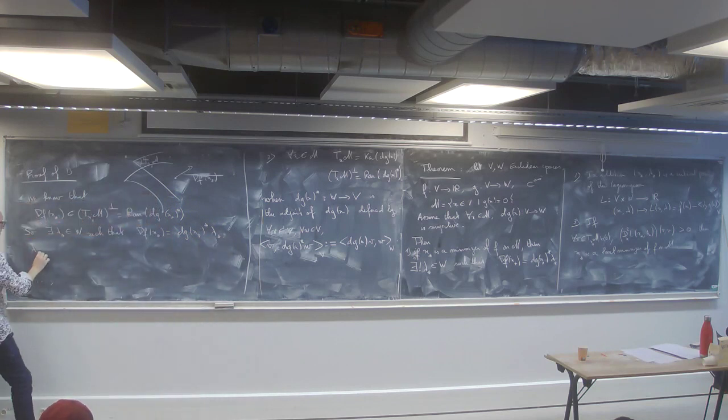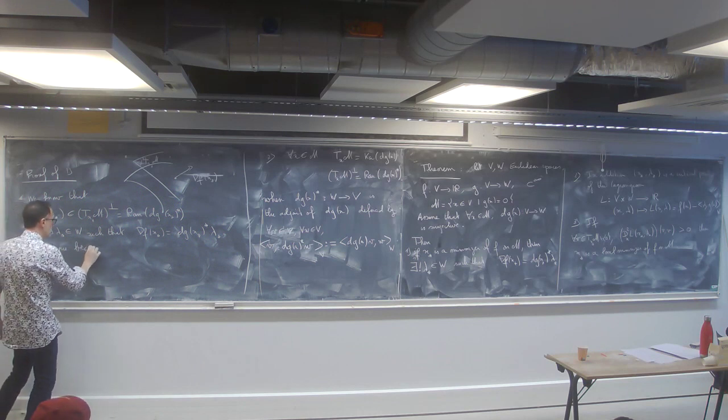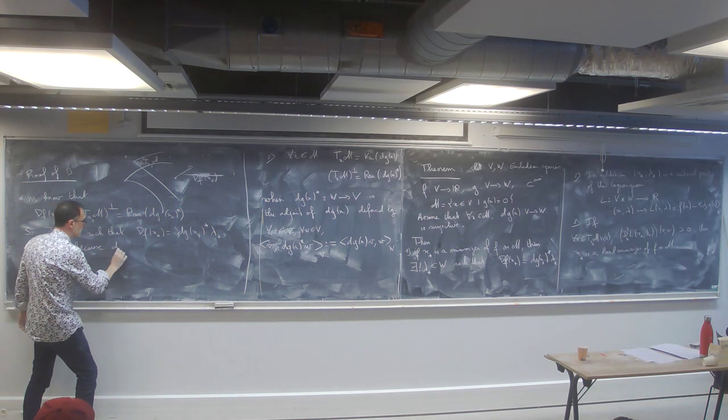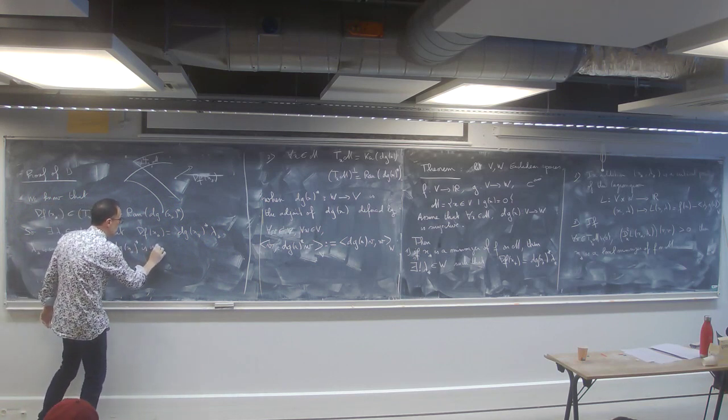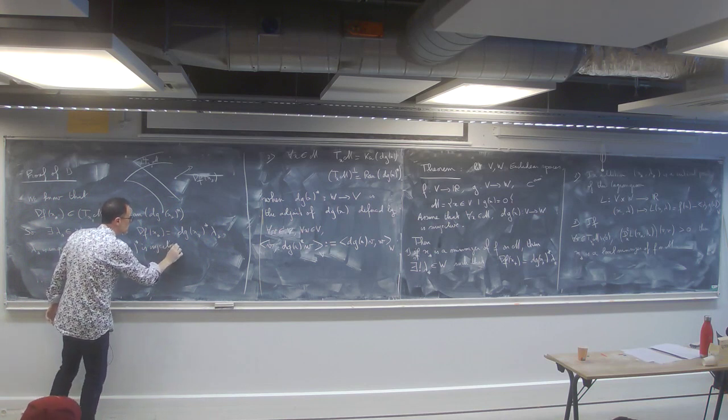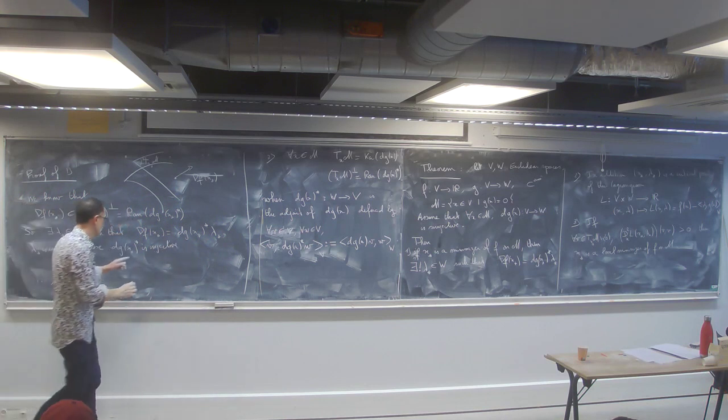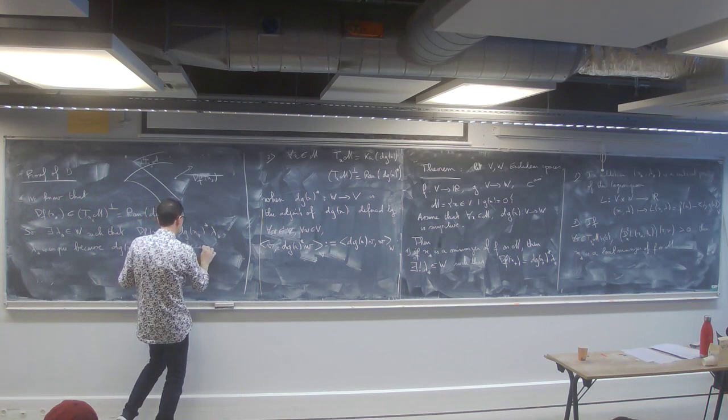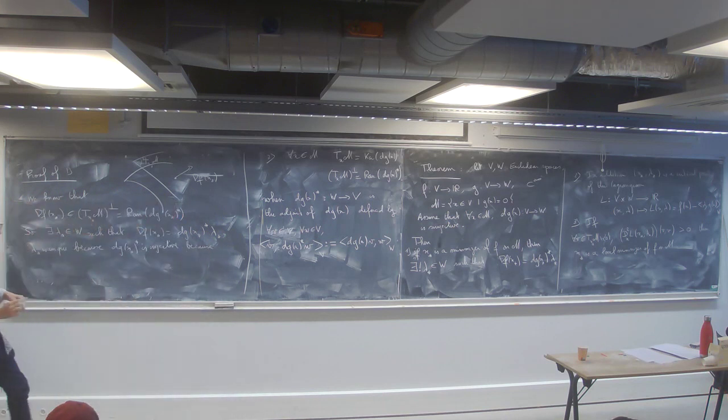And lambda star is unique because this guy is injective, just because its adjoint is surjective. No, because it's not the same dimension. Yeah, because dg X star is surjective.